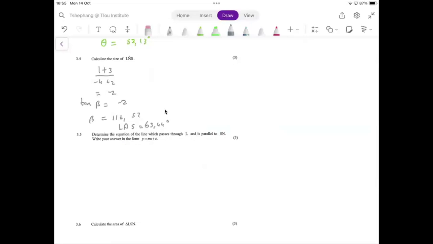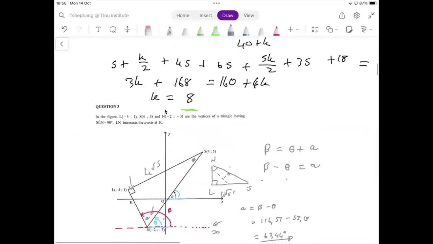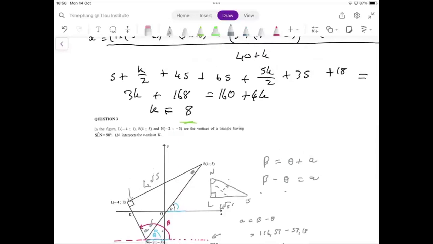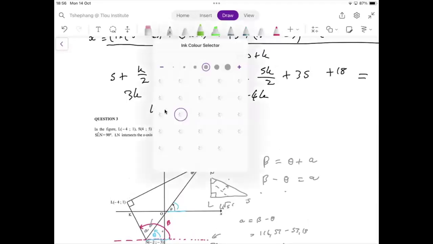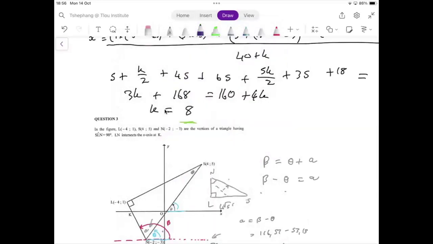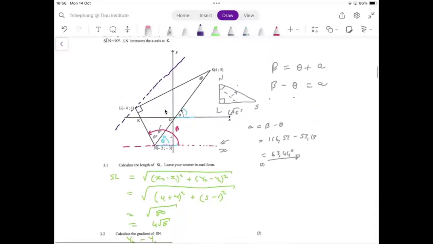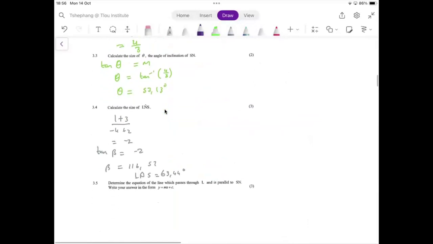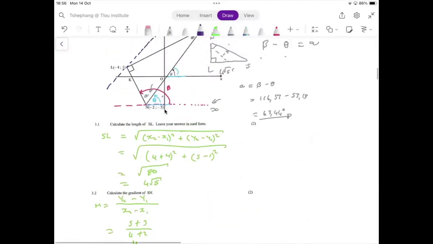So, yes, we were just saying we need to determine the equation of the line which passes through L and is parallel to SN. So parallel to SN, passing through L. Let me just clean this up a little bit. We know it must be parallel to SN.